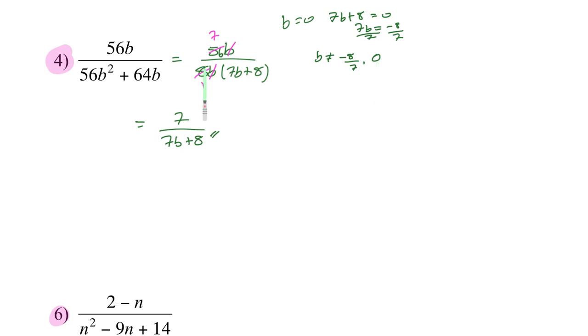So 8b equals 0, and if I divide, that means that b equals 0, so I've got to exclude 0. And then 7b plus 8, so minus 8 on both sides, then divided by 7, so I'm excluding negative 8 over 7, and the 0. 56 and 8 simplify, I have a 7 on the numerator, the b cancels out, so I have 7 over 7b plus 8.